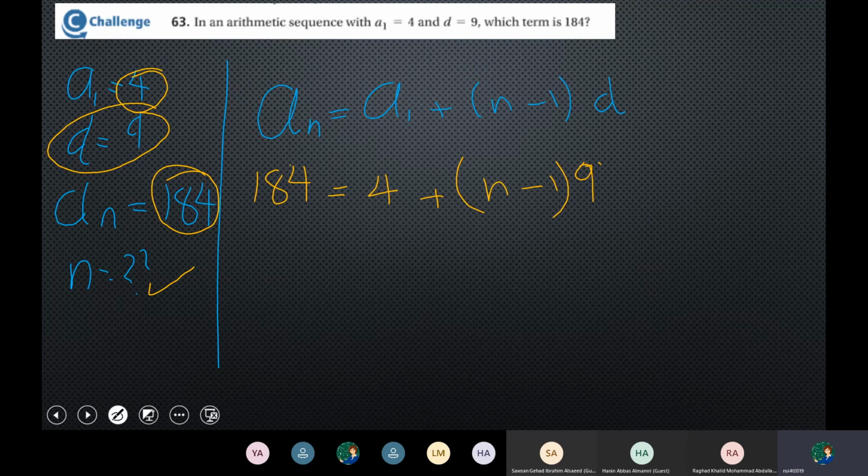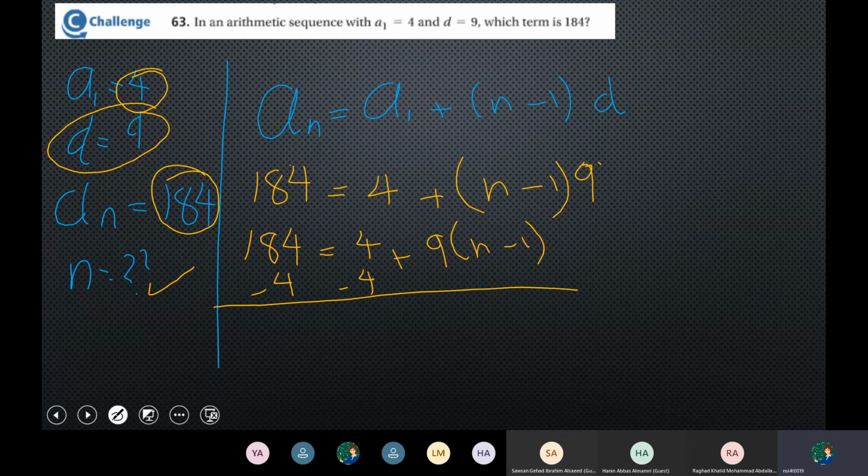Then after that, it comes like 184 equal 4 plus 9 times n minus 1. Minus 4, minus 4. I have now 180 is 9 times n minus 1. Then divide by 9, divide by 9.